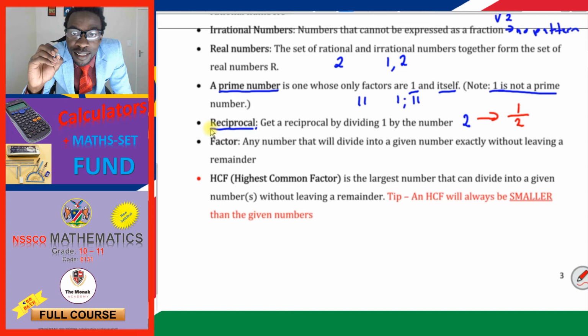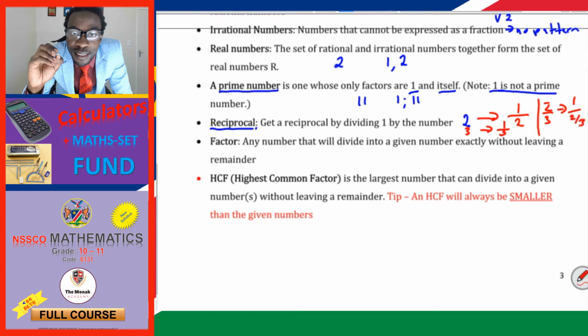What about if we had 3? We simply add 1 on top of 3 and it becomes 1 over 3. What about 2 over 3? We add 1 on top of that and it becomes 1 over 2 over 3.